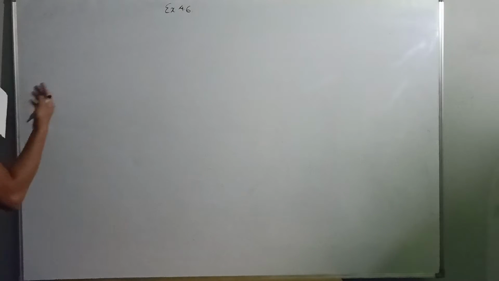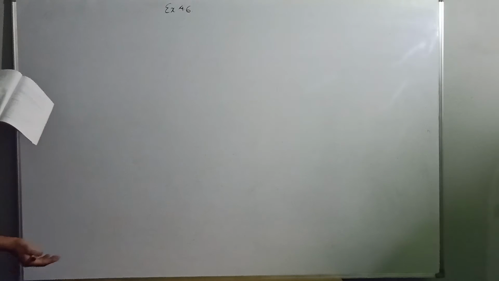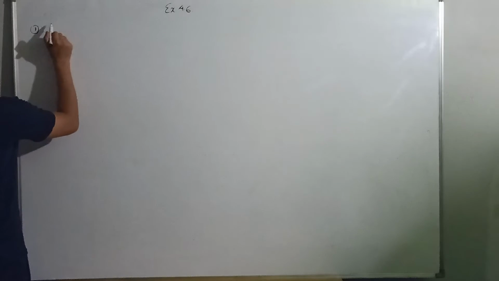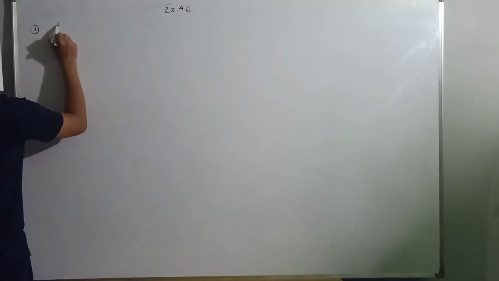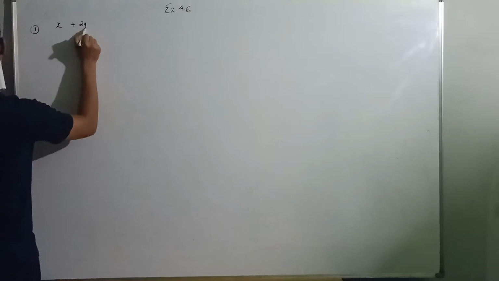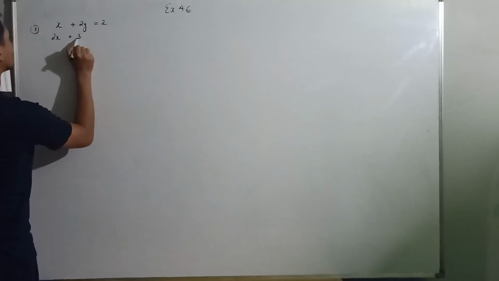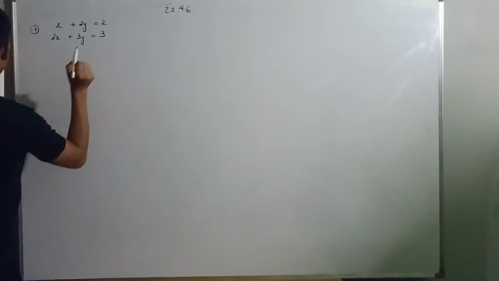So exercise 4.6, the first question: examine the consistency. Here you need not solve, you want to check whether the given system of equations is consistent or inconsistent. Number 1: x plus 2y is equal to 2, 2x plus 3y is equal to 3.